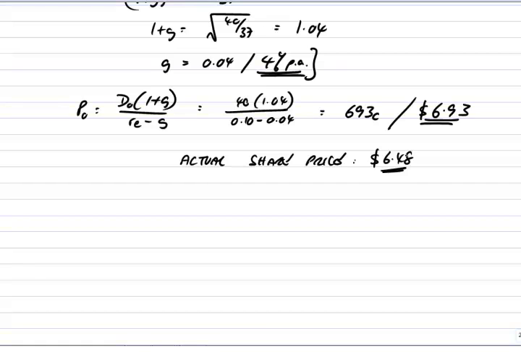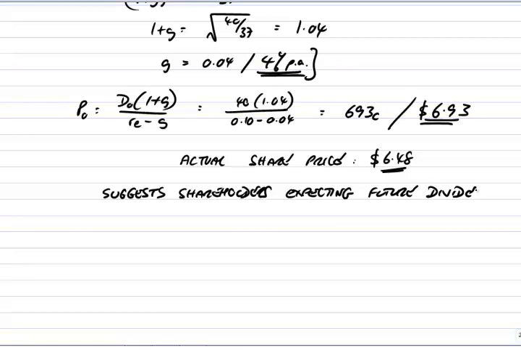The fact that it's lower suggests shareholders are expecting future dividend growth to be lower than in the past, which is hardly a surprise from everything we've already said. That does make sense.